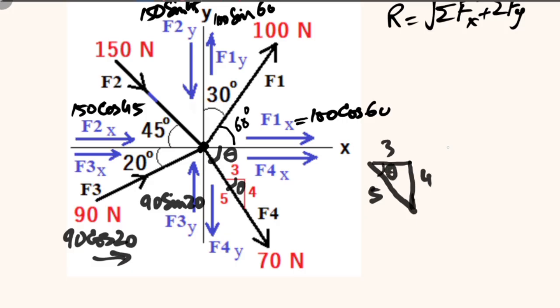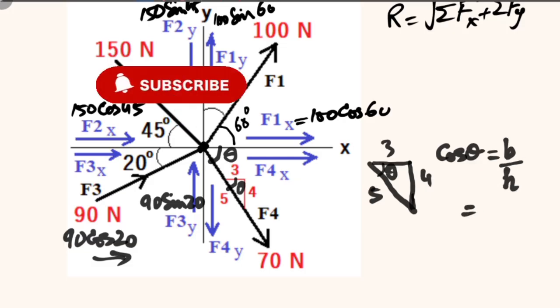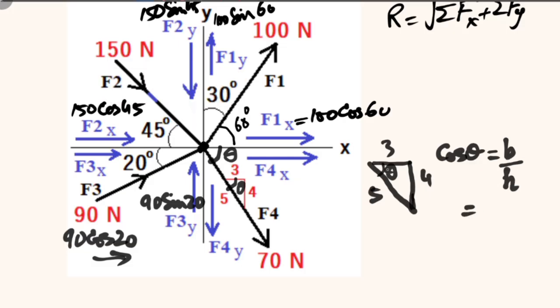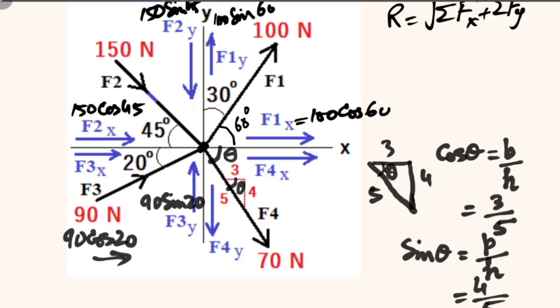So we can calculate the value of cos theta and sine theta. You very well know that cos theta is equal to base upon hypotenuse. So base in this case, if we take this angle theta, will be 3 and hypotenuse 5. Similarly, sine theta is perpendicular upon hypotenuse. Perpendicular in this case will be 4 and hypotenuse 5.